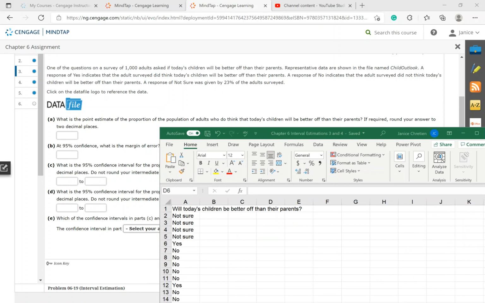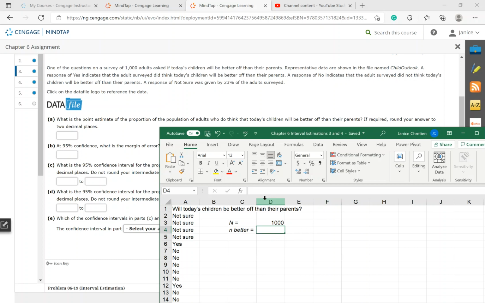So the first thing I want to do is determine what is my point estimate. What is my proportion? I know that I have a sample of 1,000, because the problem told me that. But how many think that the children are better off?